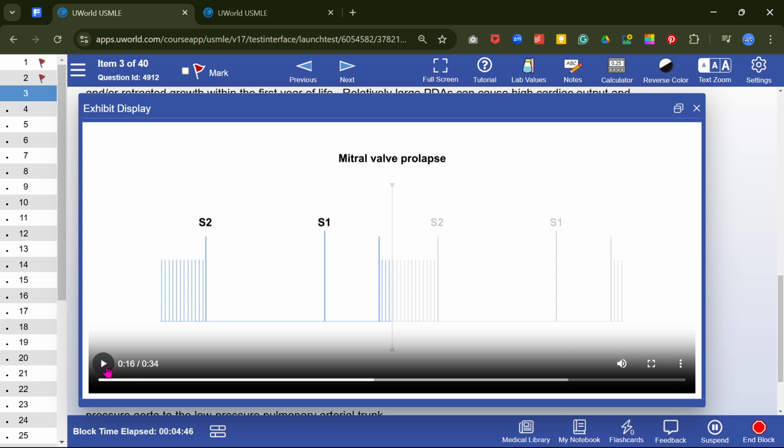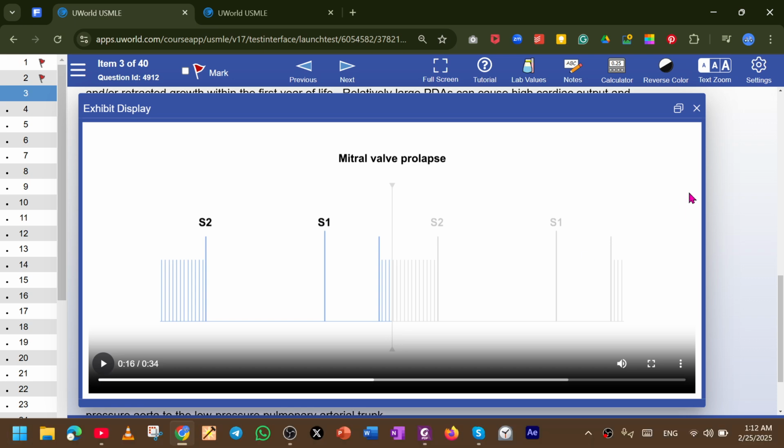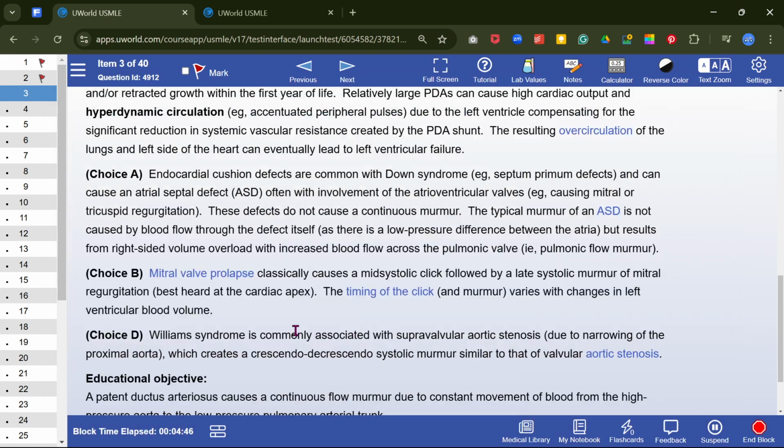Again, you heard again, and now I will make you learn. You heard the ASD, yes, you are trying to give the ASD one. Okay, listen to this murmur.